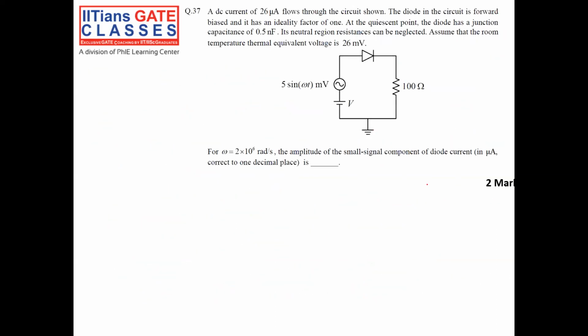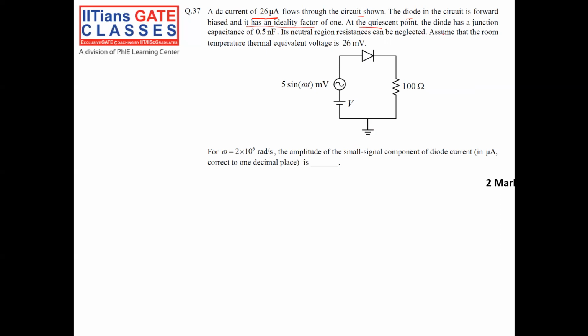A DC current of 26 microampere is flowing through the circuit given. The diode in the circuit is forward biased and it has an ideality factor of 1. That is the quiescent current, right? Quiescent means DC current.